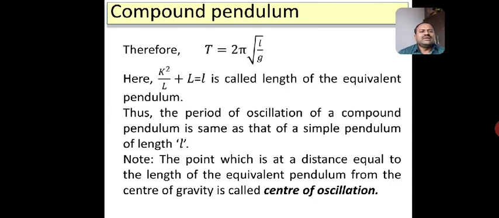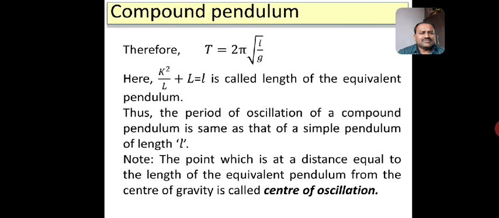Therefore, T is equal to 2 pi into square root of L by g, where capital L is nothing but k square by small l plus l. This length is in general known as the length of the equivalent pendulum.